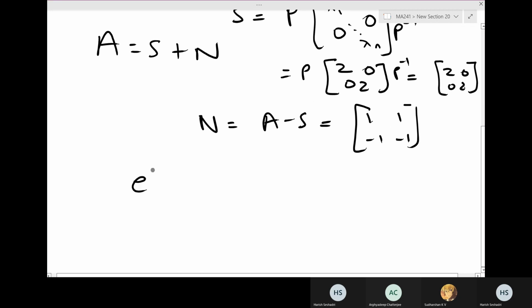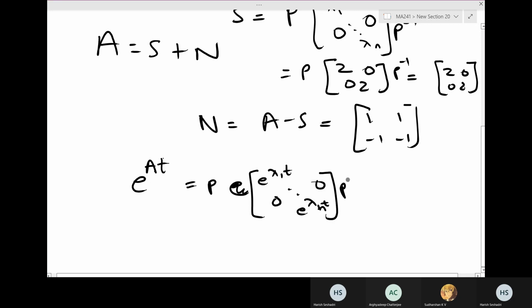And then, of course, we know that e to the AT will be, in general, P times the diagonal matrix with e to the lambda 1 T through e to the lambda n T, times P inverse, and then I plus Tn plus T to the K minus 1 into the K minus 1 divided by K minus 1 factorial.